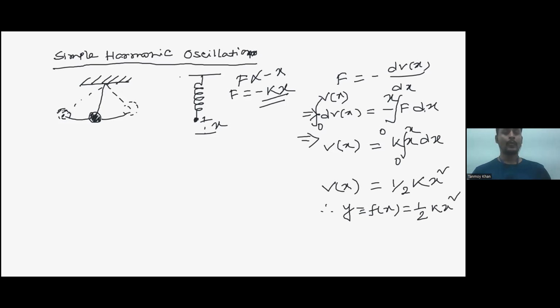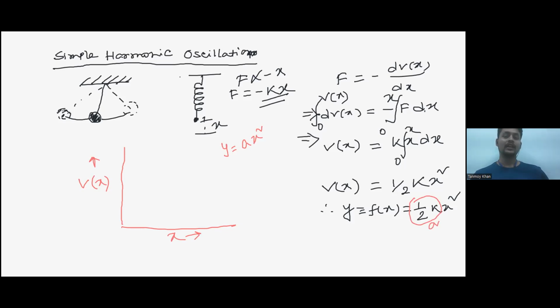Now if we need to plot V(x) versus x, how will it look? That is the question. This function is nothing but y is equal to a x squared, right? That half k is nothing but a constant, so I'm considering it as a.